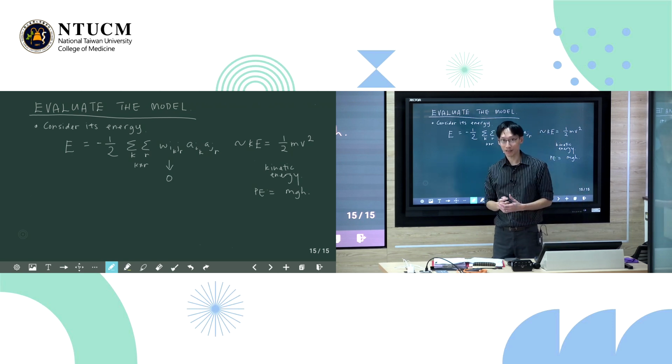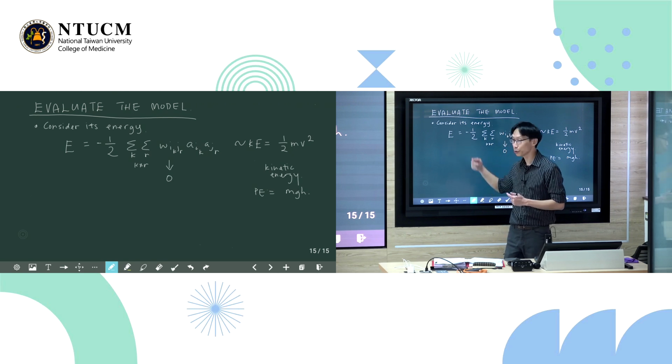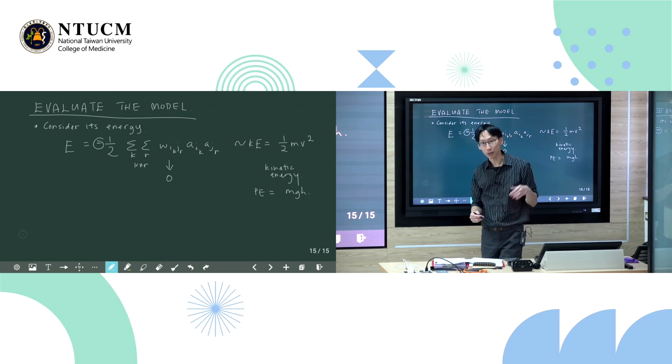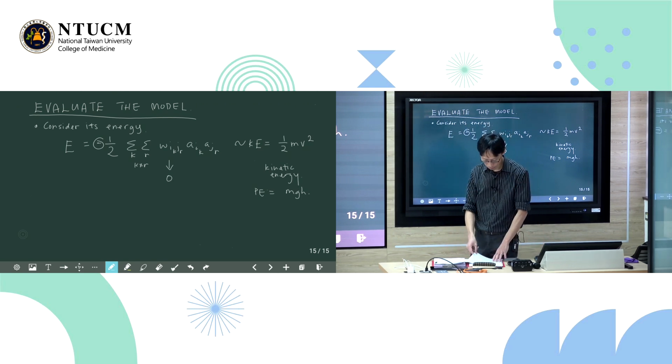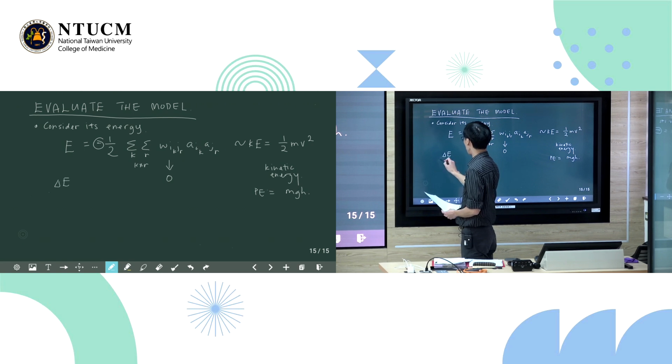In other words, if the network has learned something, this E value should go lower and lower, and because it's negative, it will go lower than zero. That's the idea here, because the proof is that if you do this, with a little bit of math, if you work that out, it will be negative.